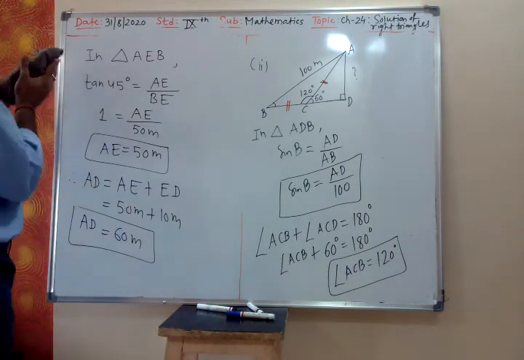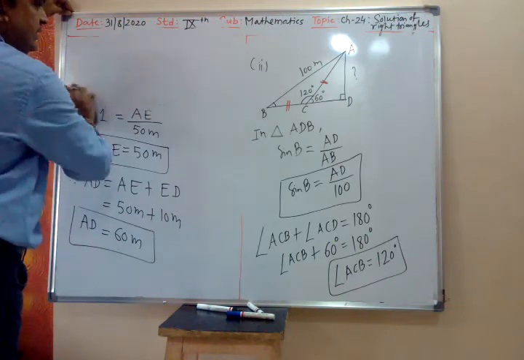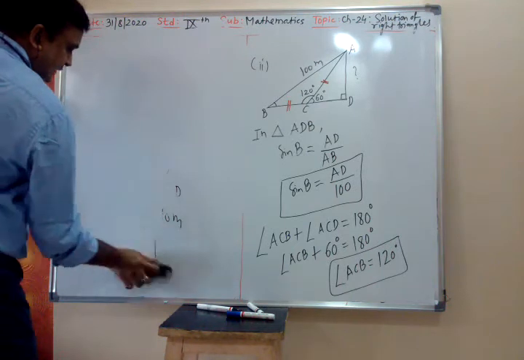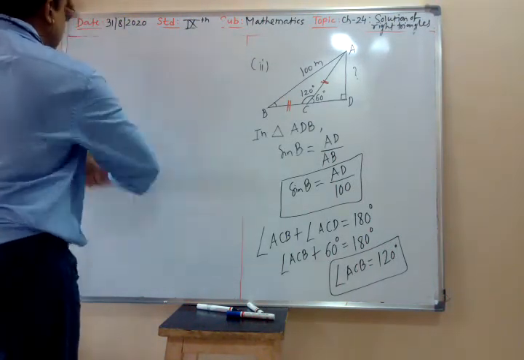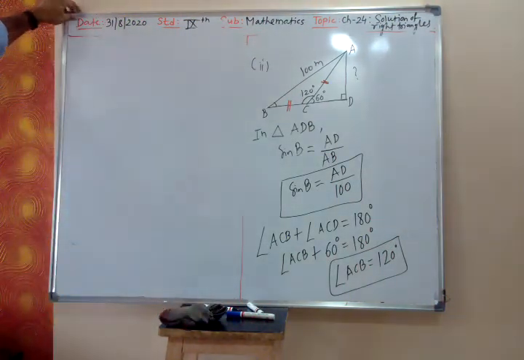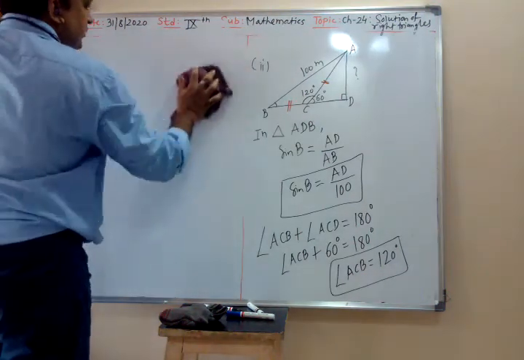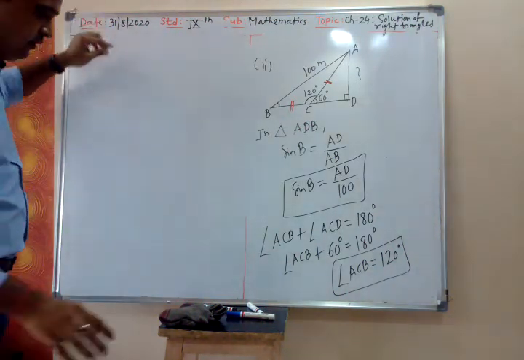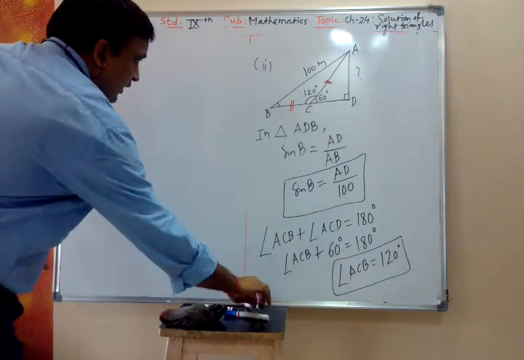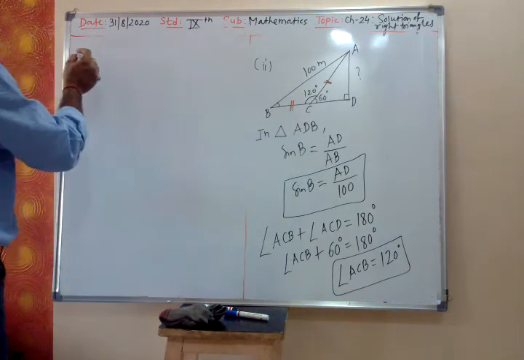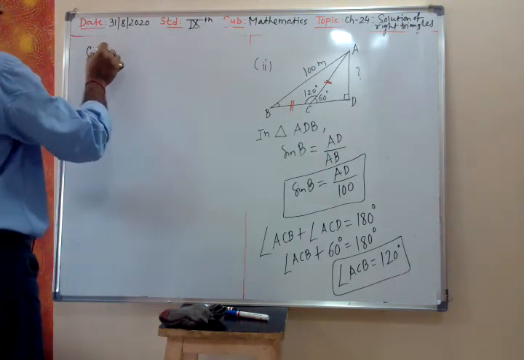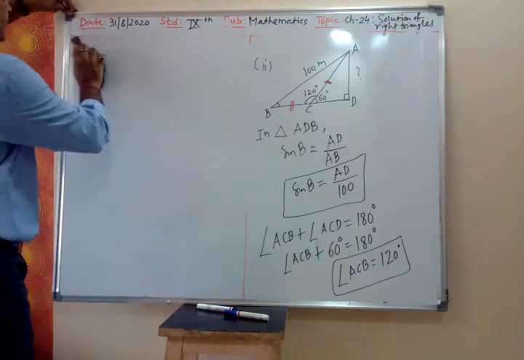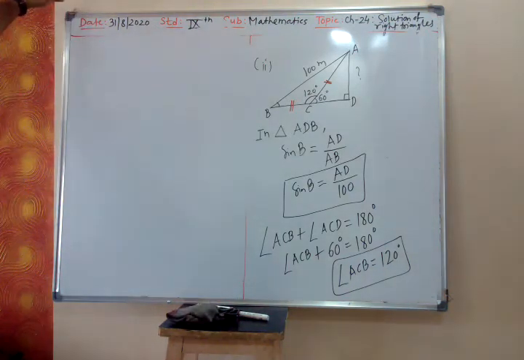Is it clear? This angle is 120 degree. Now consider triangle ACB. Is triangle ACB an isosceles triangle or not?